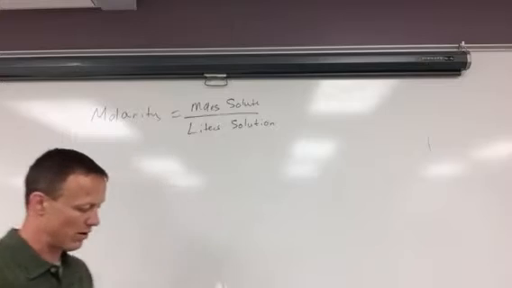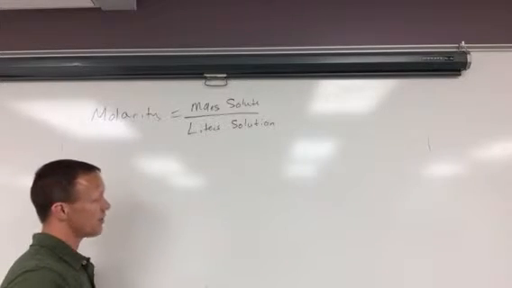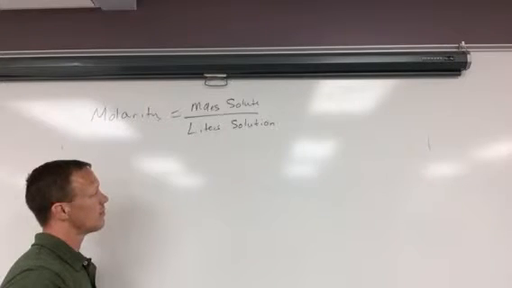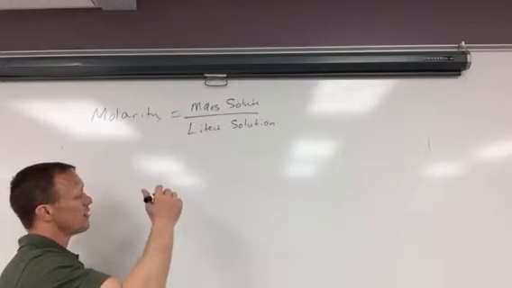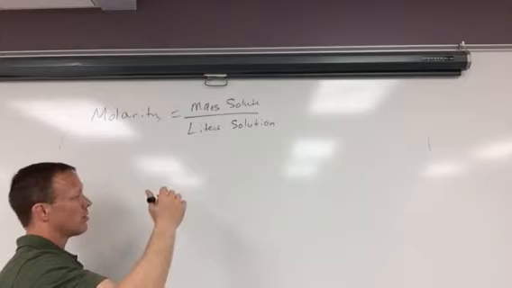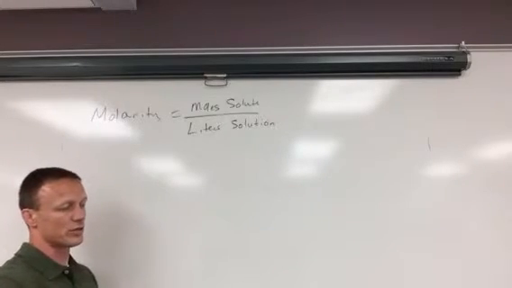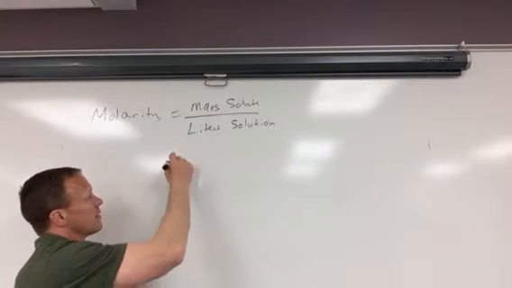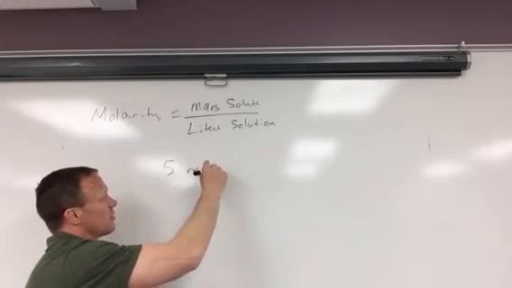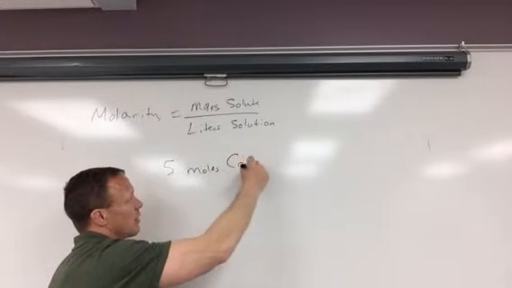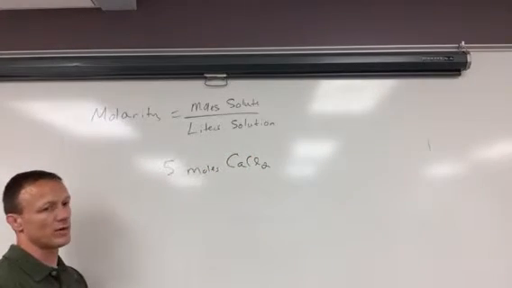Actually, I'm going to give you one right now like that. So let's say now that I want to know how many liters of solution it would take to get 5 moles. We'll just keep using calcium chloride. I want to get 5 moles of calcium chloride.